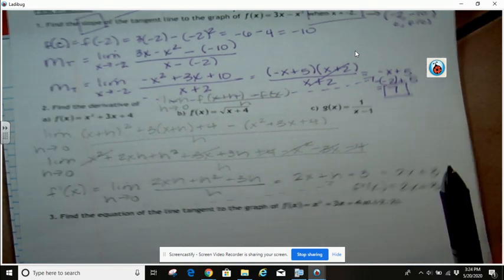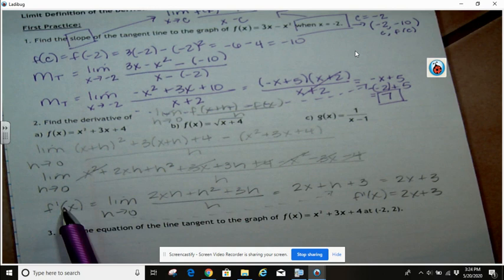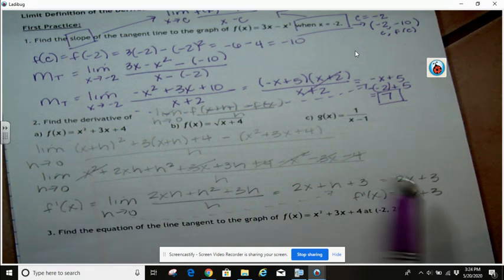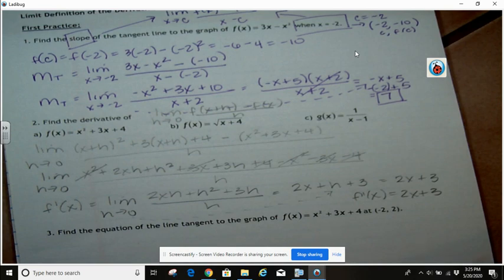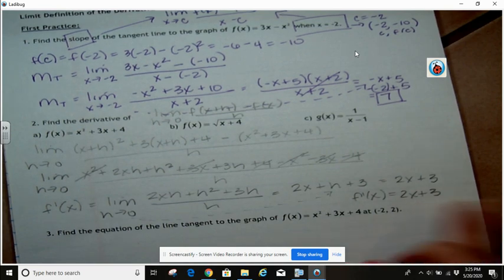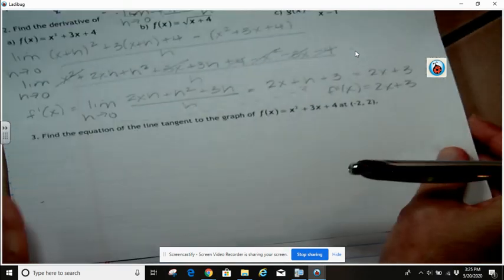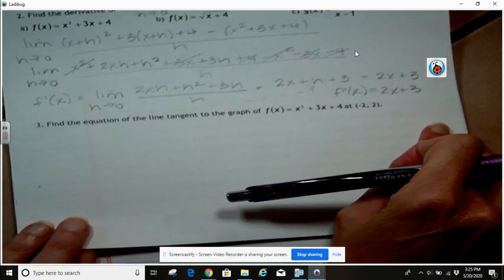If you've already found the general derivative of a function, then I could just replace this x with negative 2, and I could tell you what the slope is at that point. But we said before that if you're given a specific x value or a specific point, then use that other formula that has the c. So I'm going to do that, but I'll come back to this to remind you that that was another option since we'd already found it that way.